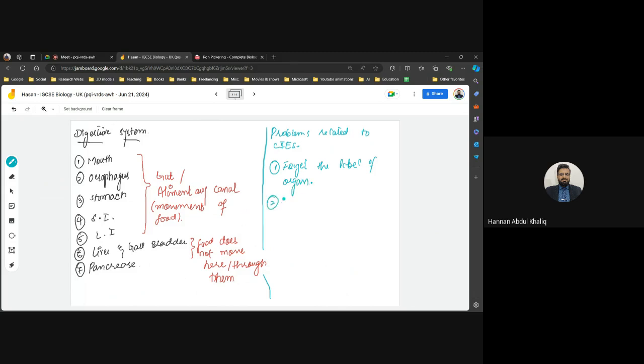Second, the students forget the arrangement of organs. Number three, the students forget the functions of the organs. Number four, the students forget the secretions of the organs. What are secretions? Secretions are basically the enzymes or other things. They forget these.